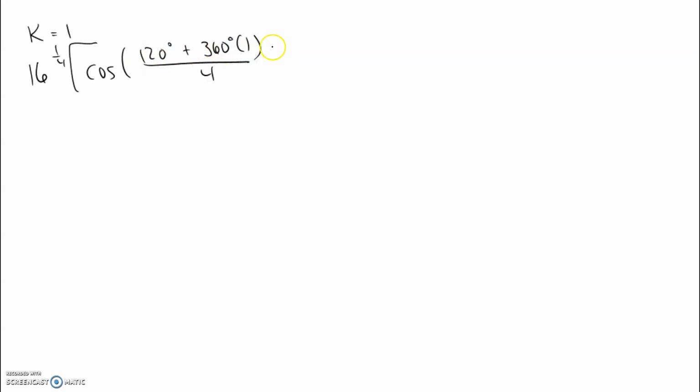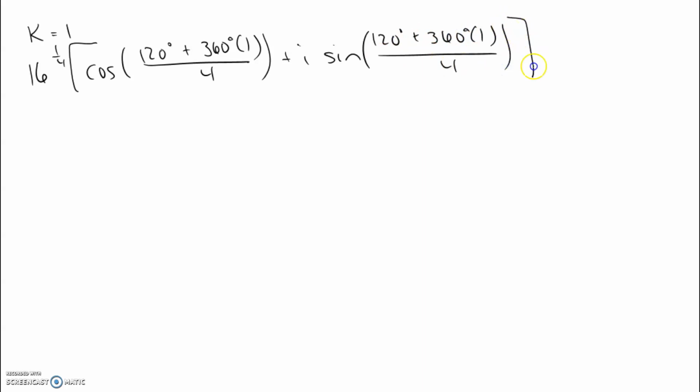Okay, so then you would say for k equal to 1, and you would do the whole process over again. 16 raised to 1/4 times cosine of 120 plus 360 times 1 divided by 4, plus i sine of the same thing, 120 plus 360 times 1 divided by 4. We already said that this is 2.